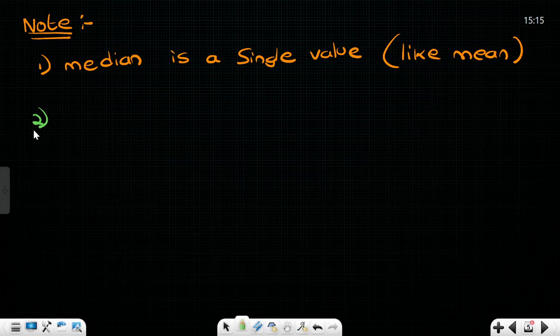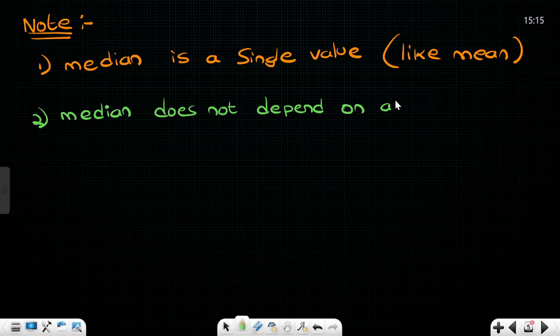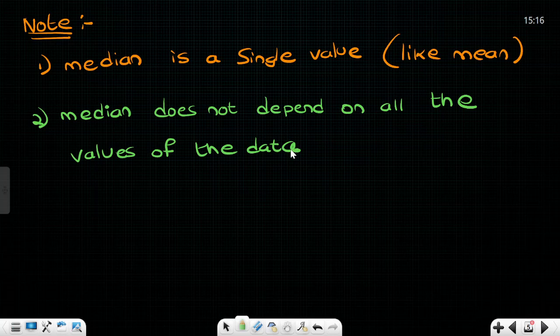Next, second point: median does not depend on all the values of the data, because it is only the middlemost value.